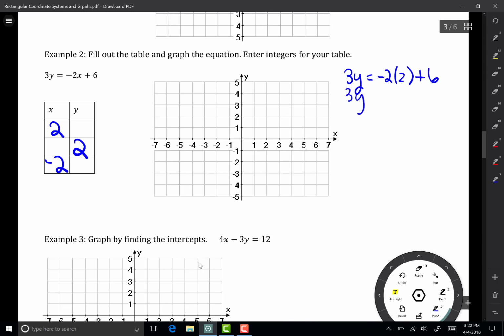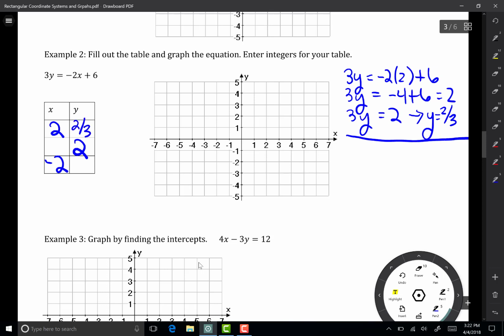So I have 3y is equal to negative 4 plus 6, which is 2. So I have 3y is equal to 2. And then I have to divide both sides by 3, which gives me y is equal to 2/3. So I know when x is 2, y is 2/3.